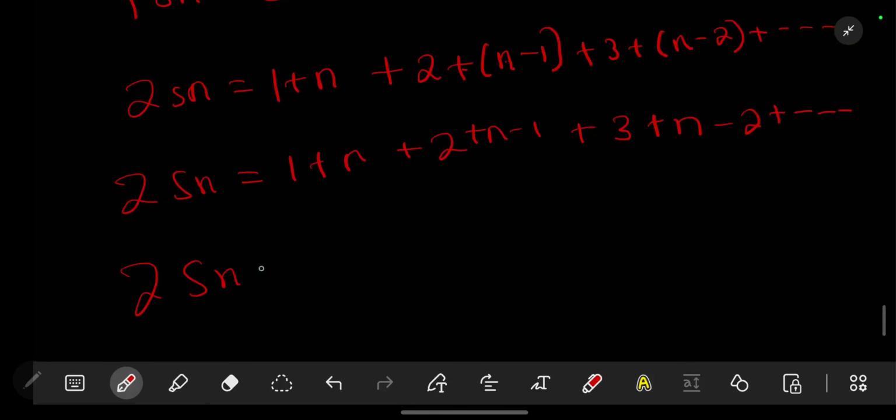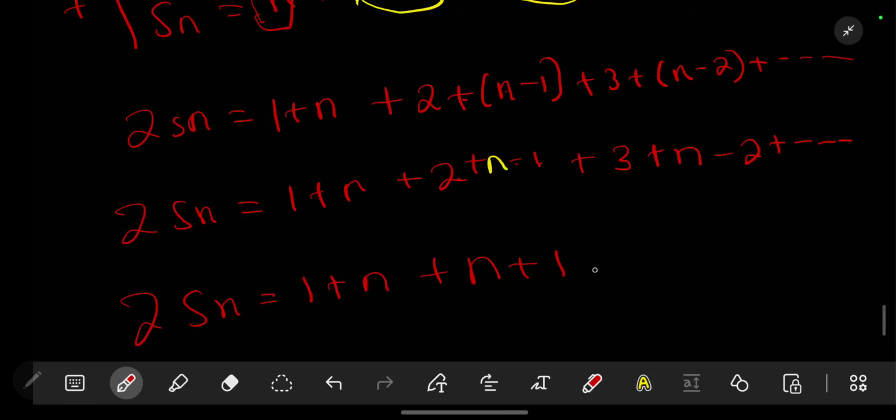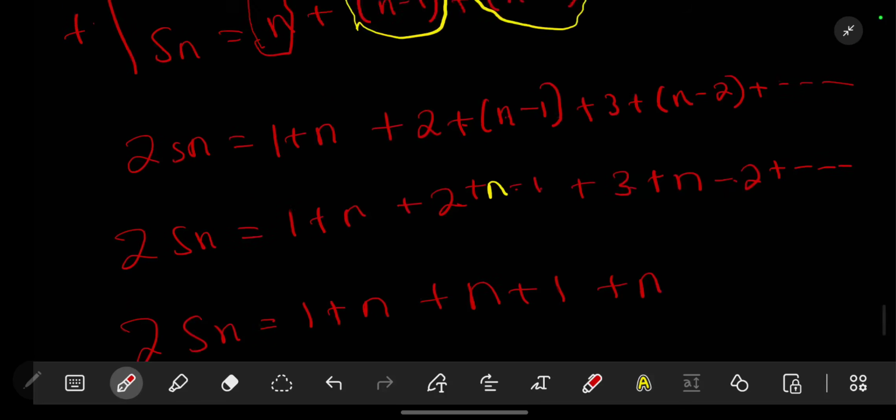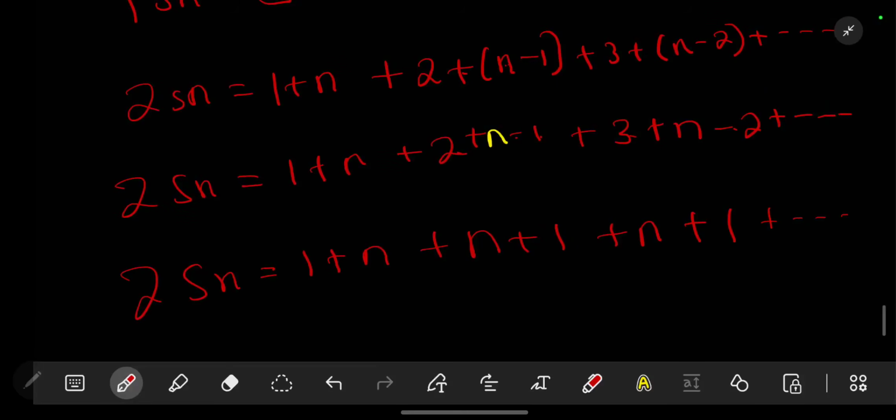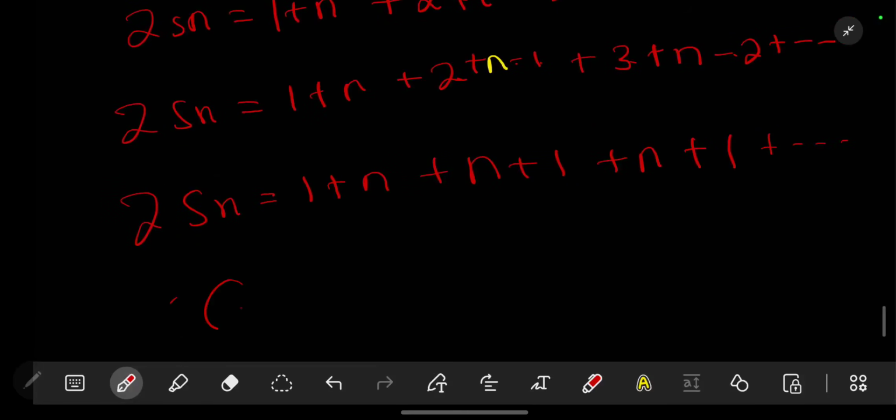So 2Sn is 1 plus n, then plus n, 2 minus 1 is positive 1. Even here we have plus n, 3 minus 2 is 1, so positive 1. So plus dots. So we can conclude that 1 plus n is repeating.